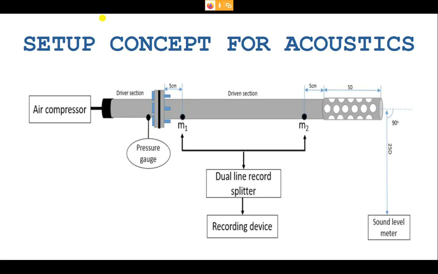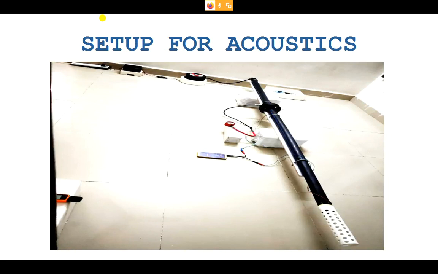So this is the concept of acoustic measurement using shock tubes for noise reduction studies. This is the real experimental setup which she made in her home. Due to lockdown situations, she could not perform experiments in the anechoic chamber which we have built in our college.